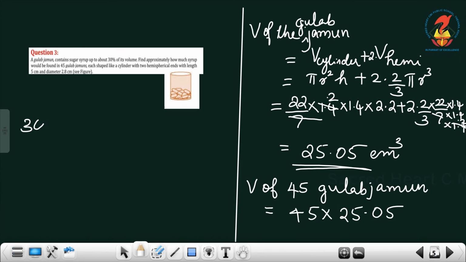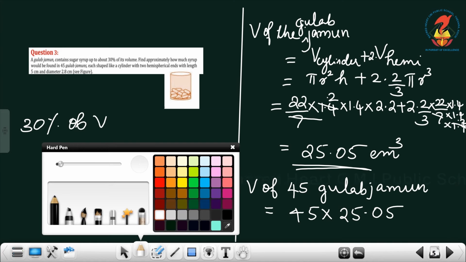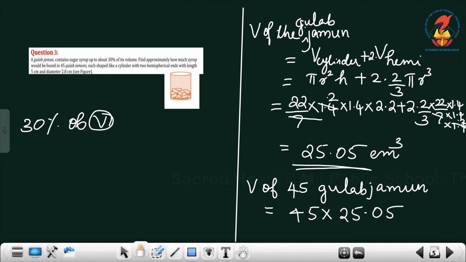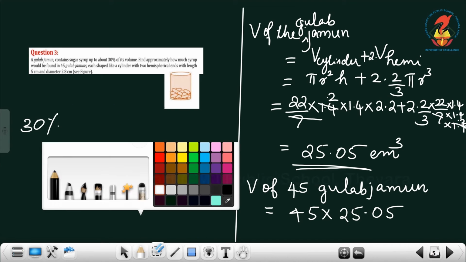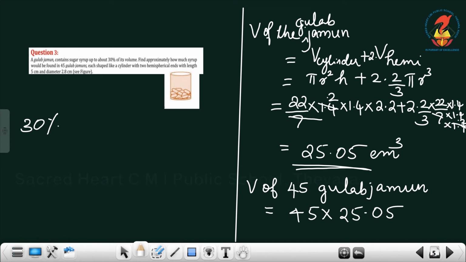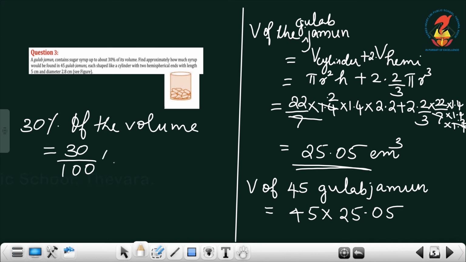So 30% of the volume is equal to 30 by 100 into 45 into 25.05 centimeter cube. This is also centimeter cube.